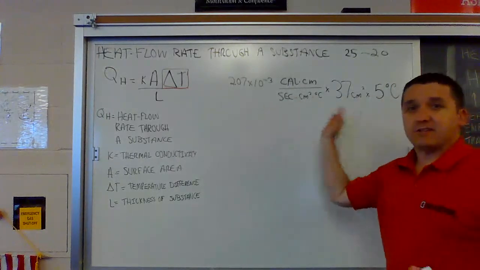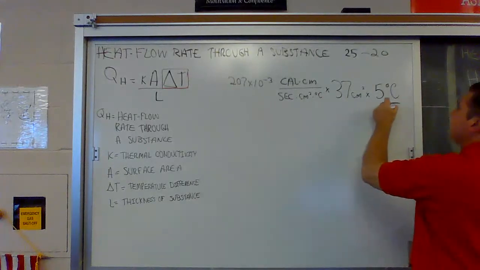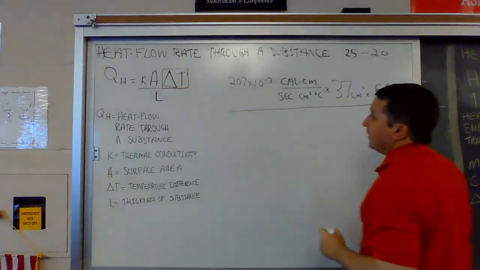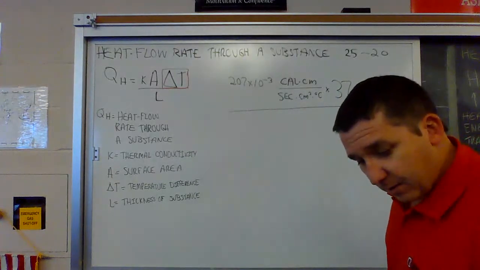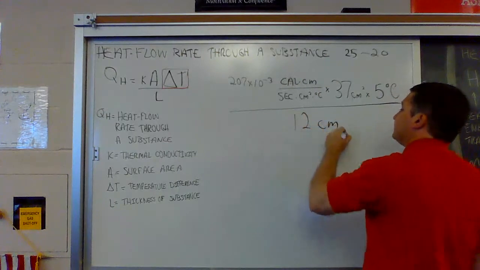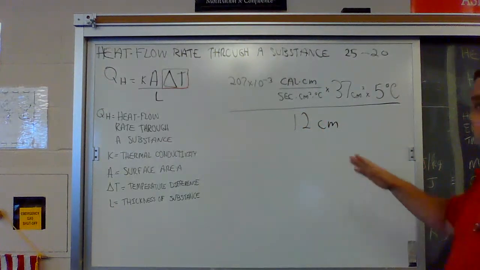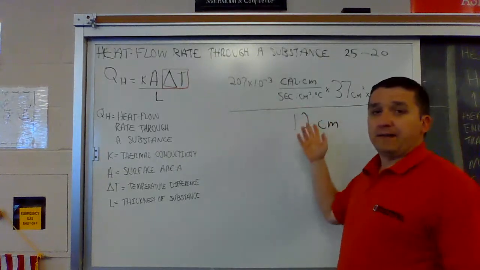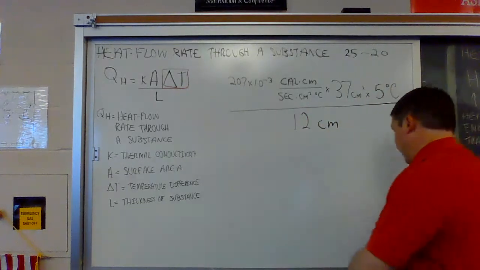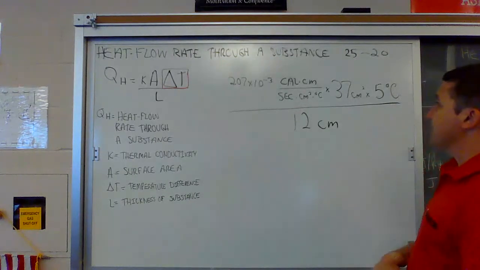This is all just the numerator, right? Notice all these units here. We're going to divide all that by the thickness, which in this case happens to be 12 centimeters. Now, before you just multiply this out, I'm going to go ahead and cancel out a lot of these units, and you'll see what I mean when I say that most of these units disappear.